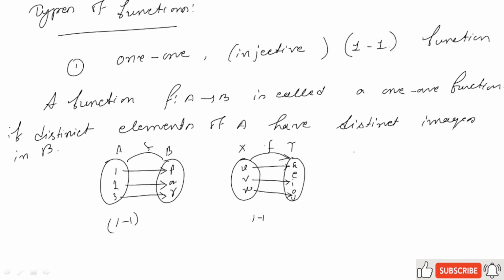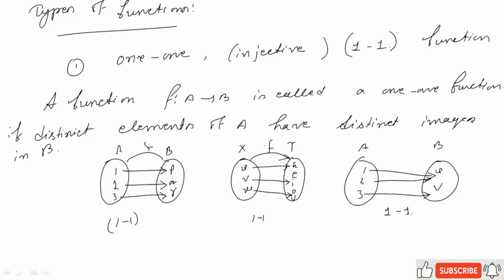But this type of relation is not a one-one relation. Look here, let us suppose 1, 2, 3 and u, p. So 1 is related to u, 2 is also related to u, 3 is related to p. So this is a function, but this is not a one-one function. Why? Because there are two pre-images of u.